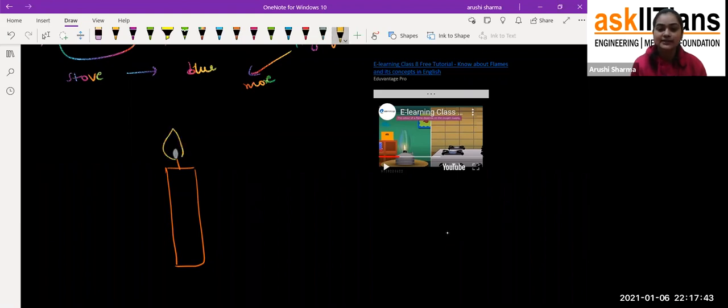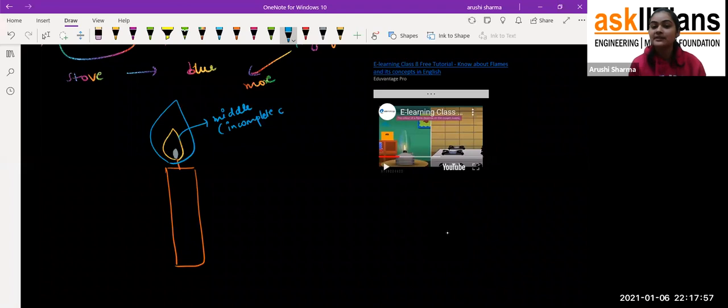The middle part is yellow, and the outermost part is blue. This middle part is not getting a proper supply of oxygen, due to which it has incomplete combustion. That means combustion is going on but is not complete. Because of this incomplete combustion it shows yellow color, and it is the brightest part of the flame.